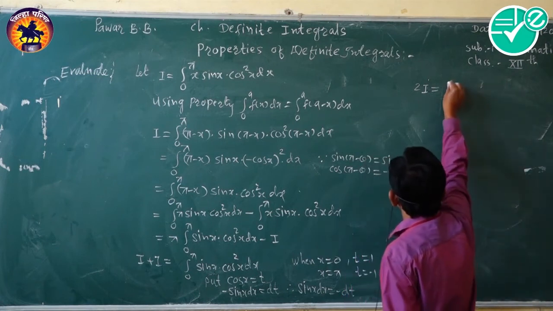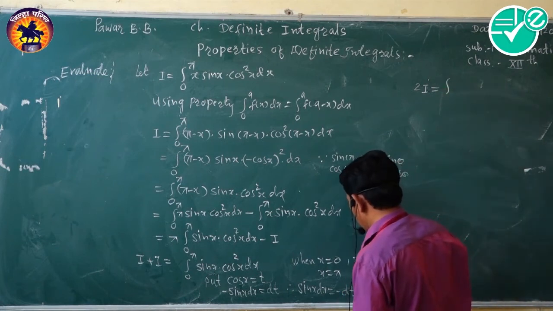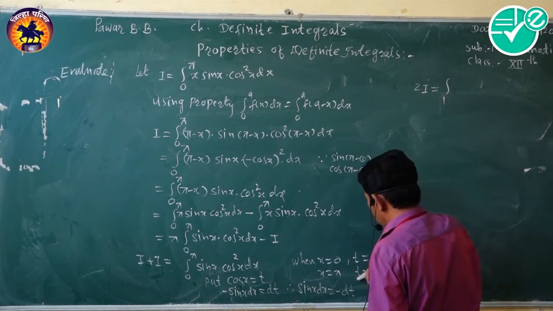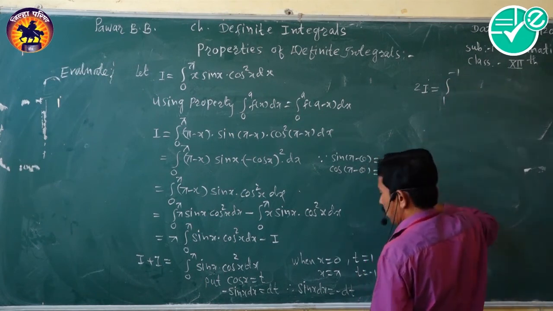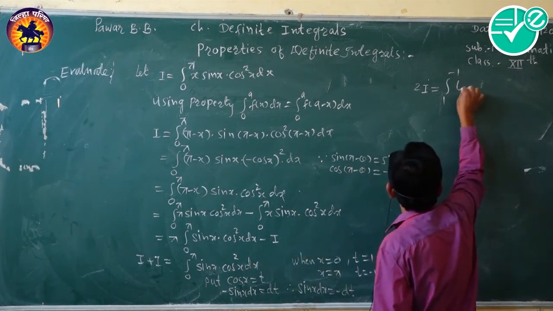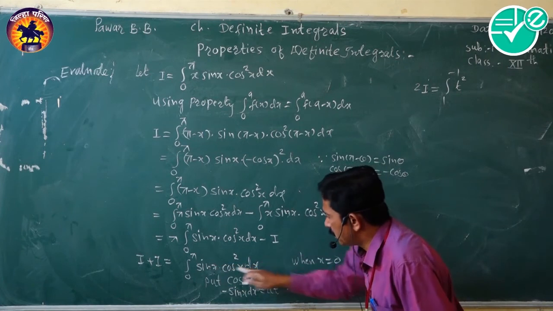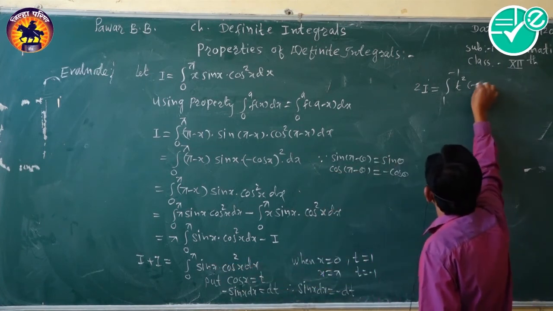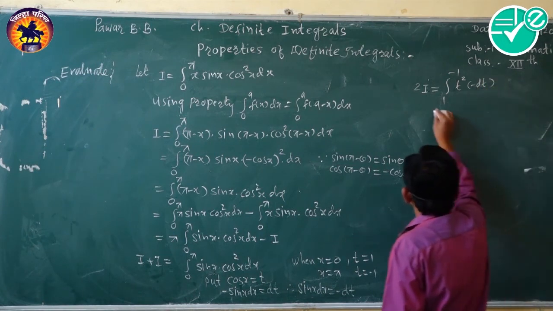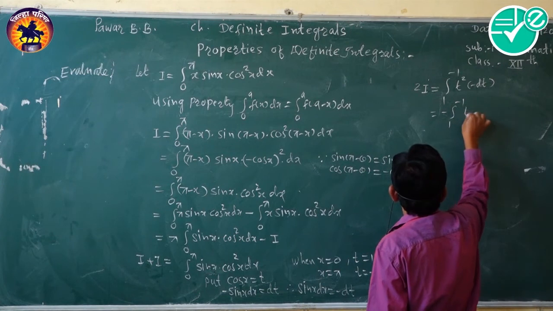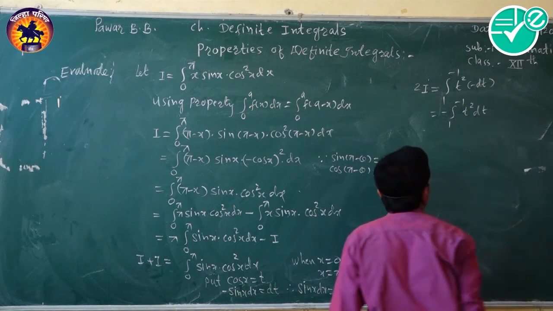Hence the limits are t equals 1 to minus 1, and this cos square x is nothing but t square, and sin x into dx is minus dt. This is equal to minus of the integral from 1 to minus 1 of t square dt.